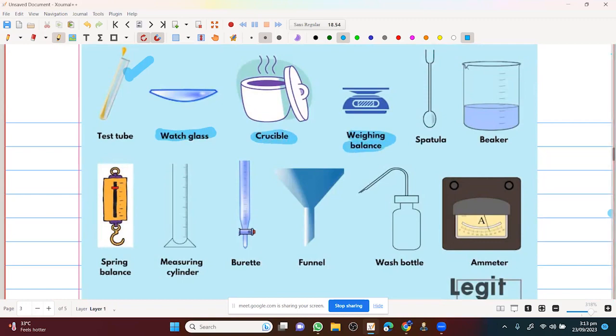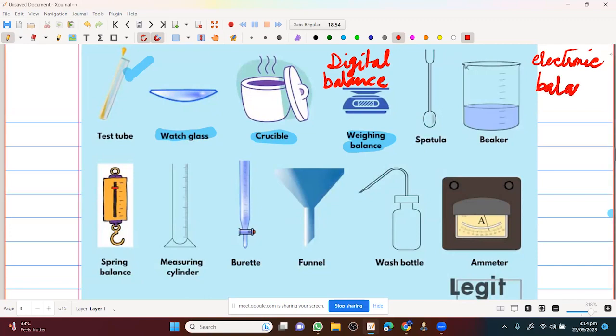For which purpose will we use this weighing balance or digital balance? To measure mass. Yes, electronic balance or digital balance. Very well said. Another word for the digital balance is the electronic balance.